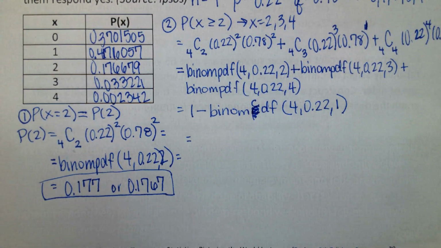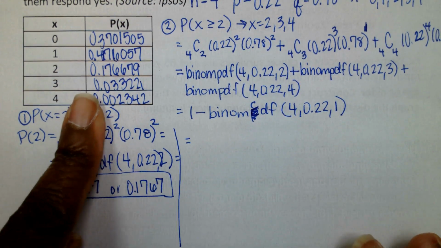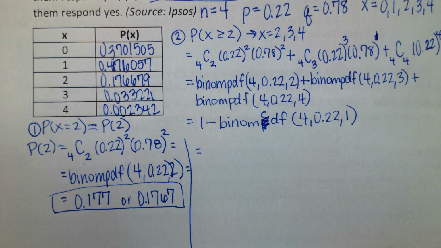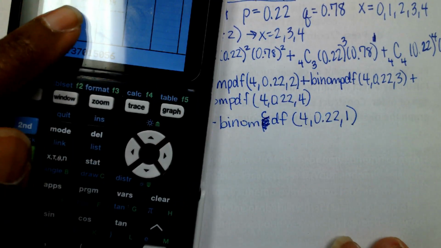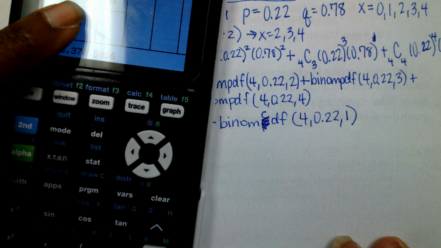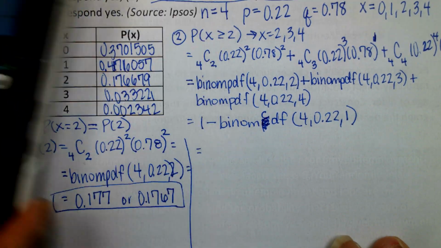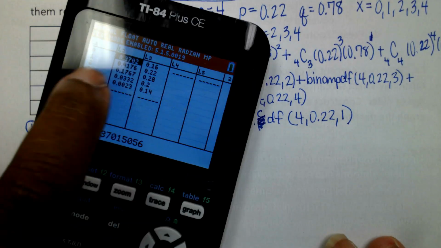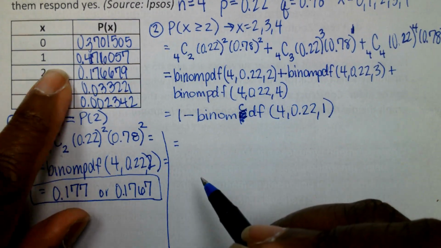Now let's calculate this with the chart. Remember the chart? Remember your chart, so you don't even have to really write them down. I guess you don't. You can just add straight from your calculator what you want, but I don't trust these because they round. But you know, you can do that if you want.